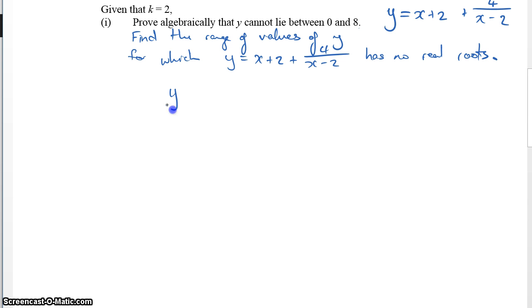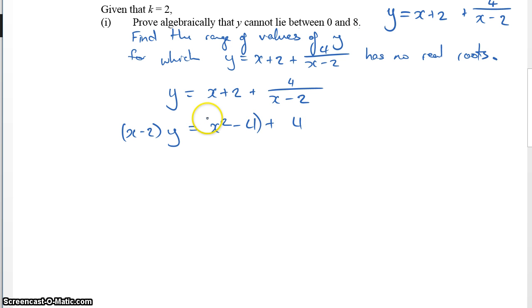I'm going to pretend y is some constant, and this is x + 2 + 4/(x - 2). What is the quadratic in x? First thing I'm going to do, multiply through by x - 2.